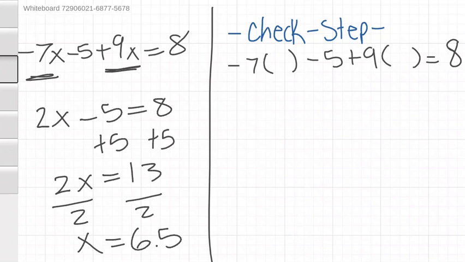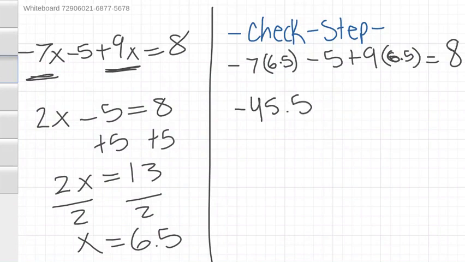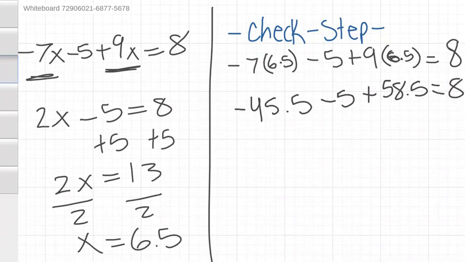And now we will check it. How we check it is we take our answer and we put it in for whatever variable we have. So we would take 6.5 and substitute it in for each x we had in our original equation. So then we would be left with negative 7 times 6.5, which is negative 45.5, minus 5 plus 9 times 6.5, which is 58.5, is equal to 8.